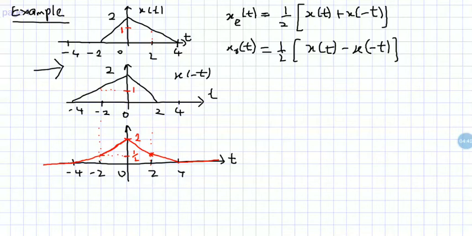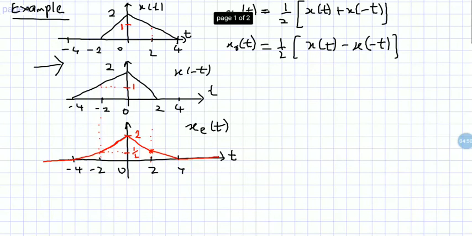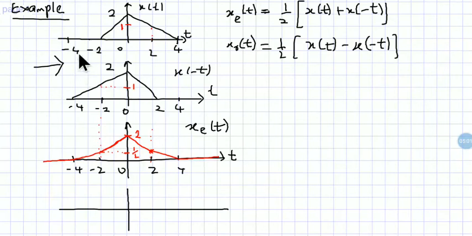So that is x_e(t). Now for x_odd, again from left to right. We have 0 minus 0 is 0, from minus 4 to minus 2. So we have 0 for that part.